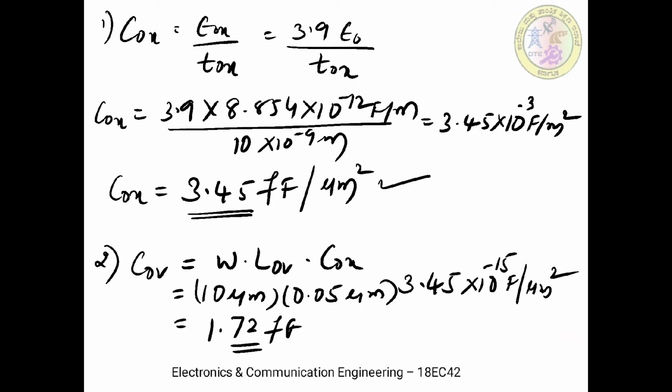Then this overlapping capacitance has to be added with CGS and CGD. So next we will calculate the CGS value. It is given that the MOSFET is in saturation. Therefore CGS will be equal to 2/3 of W L C oxide for the saturation condition.